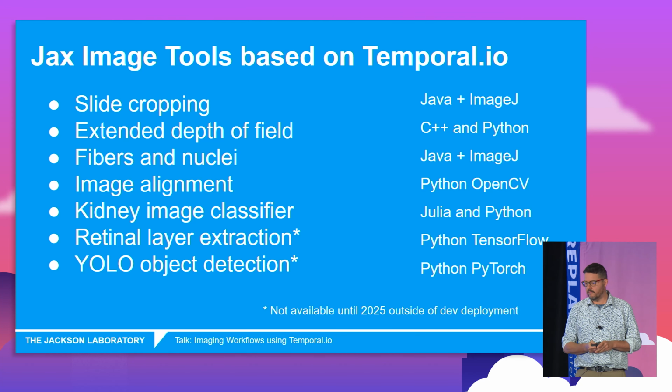Okay, so on to the different Temporal workers. As I said, they're a really heterogeneous stack of things. We've got something called a slide cropper, which is based on Java and ImageJ, and then there's something called extended depth of field, which I'm going to talk about in more detail, based on C++ and Python. And you can go down that stack, and there's always something a bit different: Python versions, different libraries that the researchers have used.